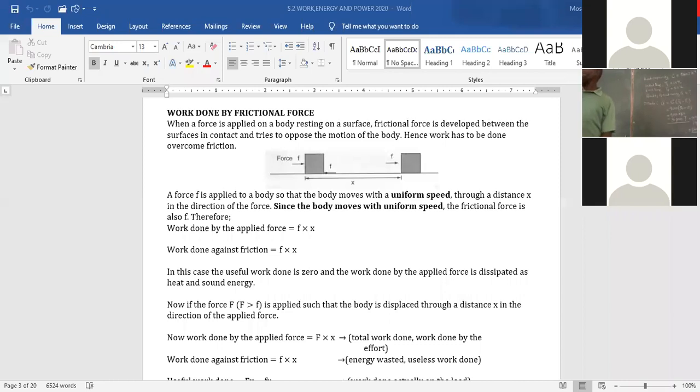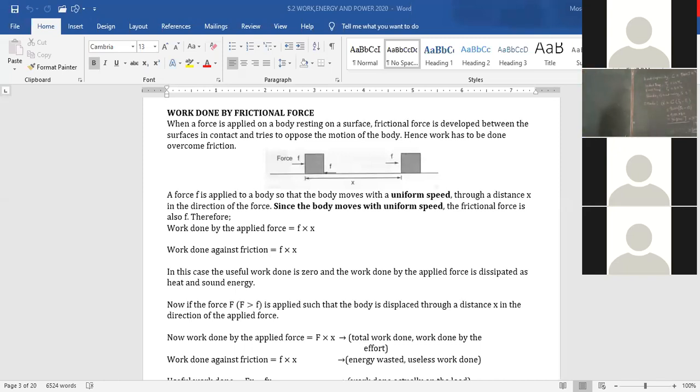But the moment it tries to move, friction comes in and opposes that motion. So friction always opposes the motion between any two surfaces in contact.